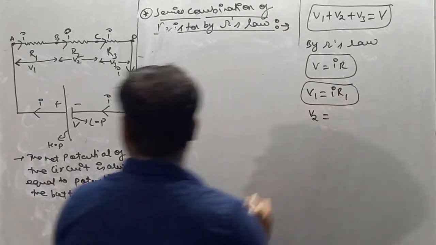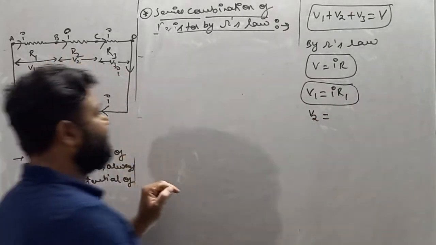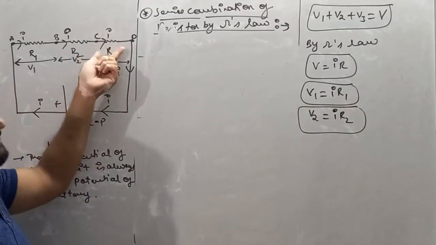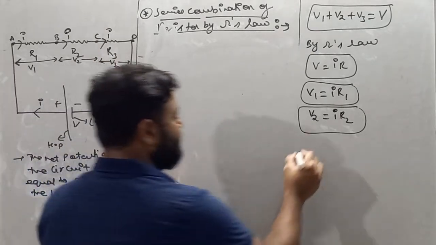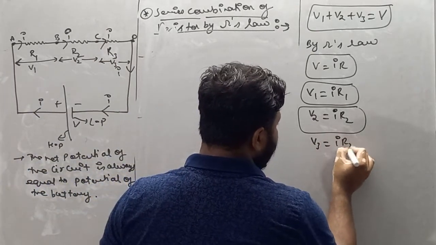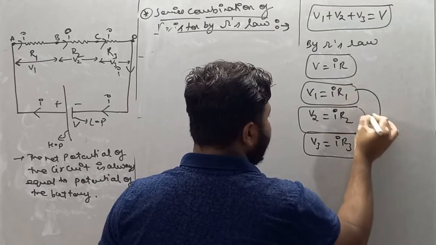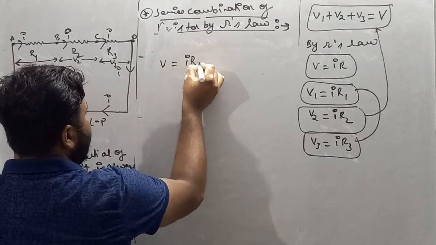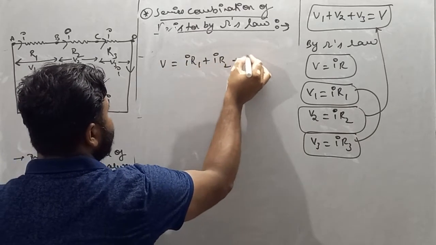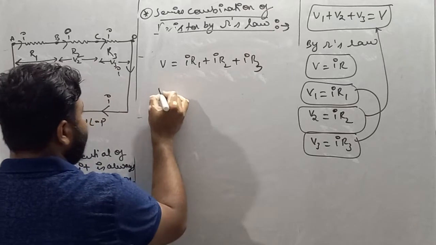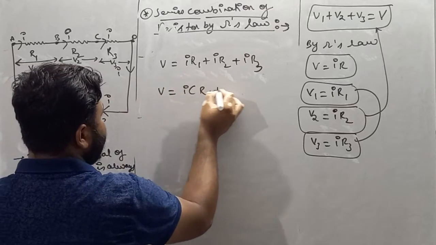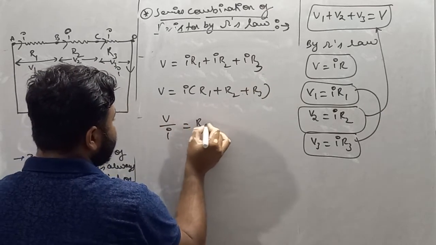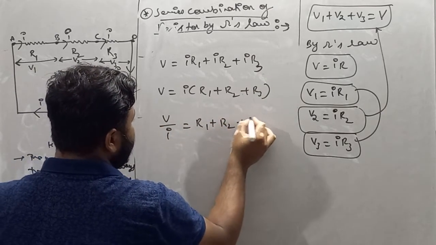Similarly, V2, current is I, resistance is R2, so V2 is IR2. For the third resistor, current is I, so V3 is equal to IR3. Now put all these values in the given equation. So we get V is equal to IR1 plus IR2 plus IR3. So V is equal to I times R1 plus R2 plus R3. So V by I is equal to R1 plus R2 plus R3.